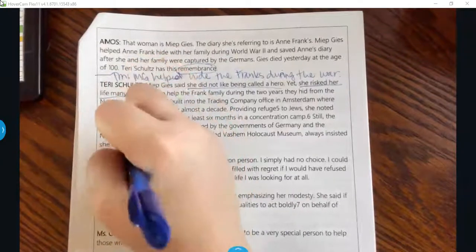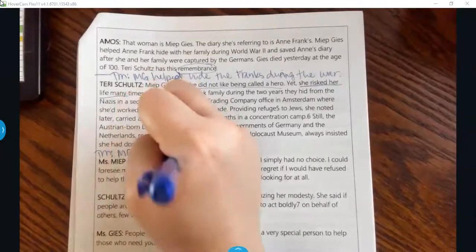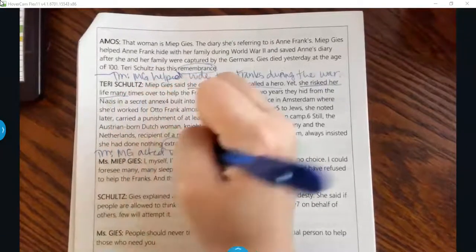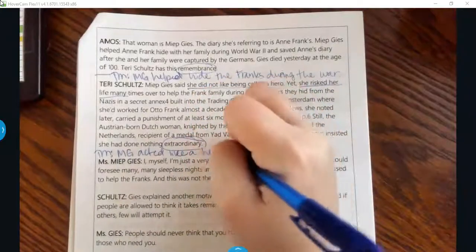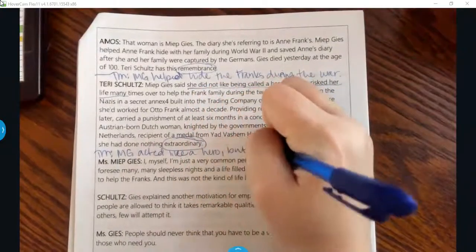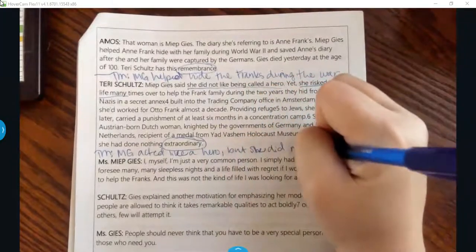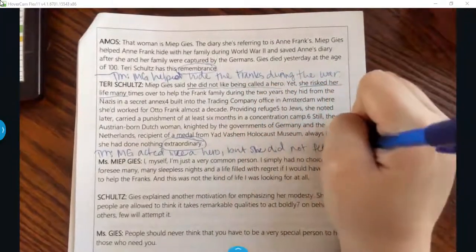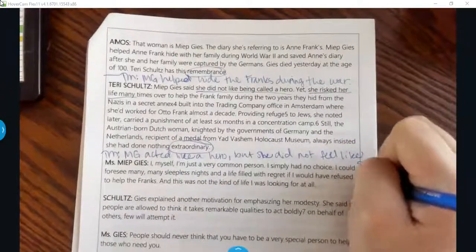So I'm just going to write MG for Miep Gies: she acted like a hero, but she did not feel like she was one.